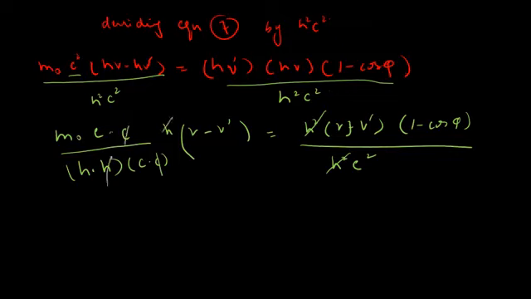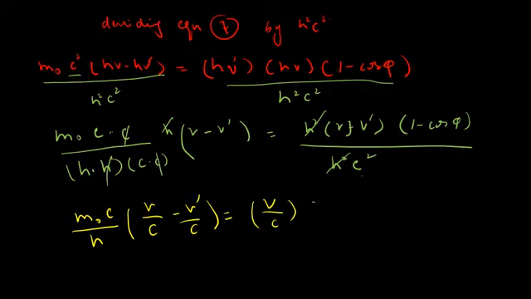So your remaining equation will be like this: m naught c divided by h, and this c will get into the equation as mu by c minus mu prime by c, equal to, and this c square we can write as mu by c into mu prime by c into 1 minus cos of phi.